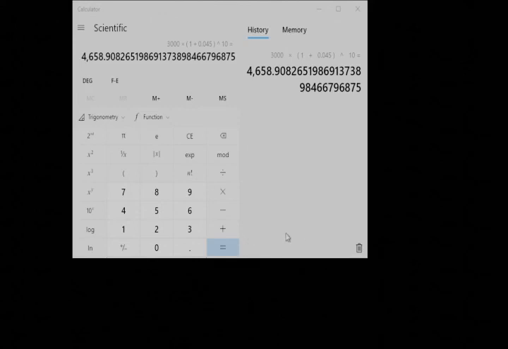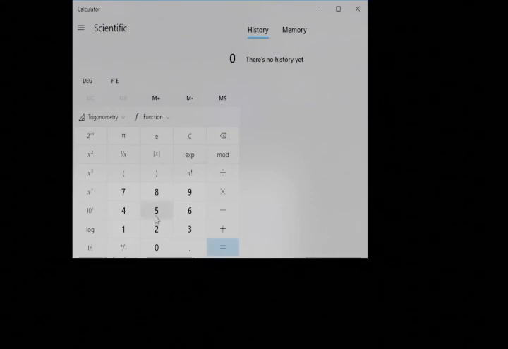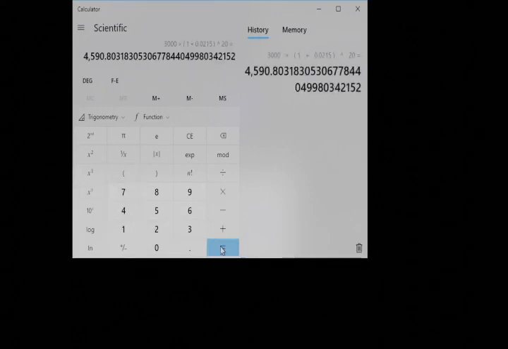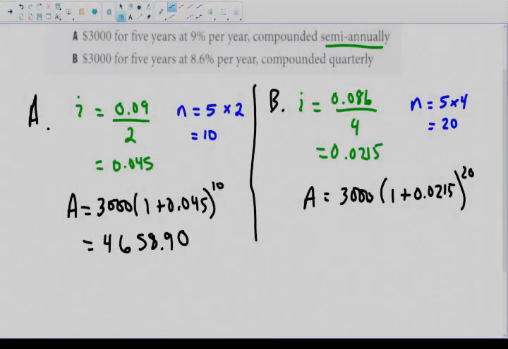So $4,658.90. And for the next one, we've got 3,000 times bracket 1 plus 0.0215 bracket power of 20. And that gives $4,590.80.